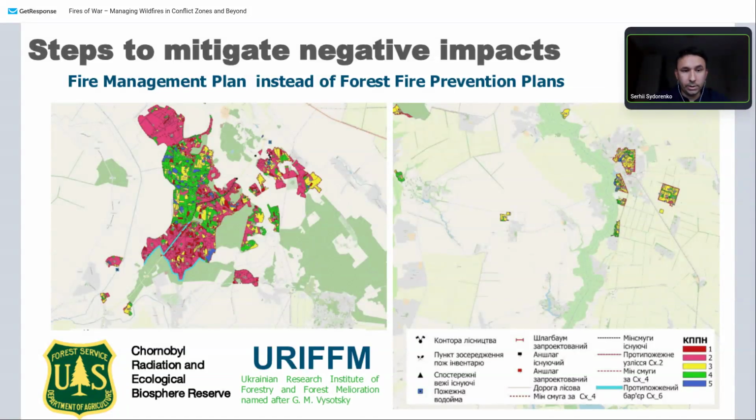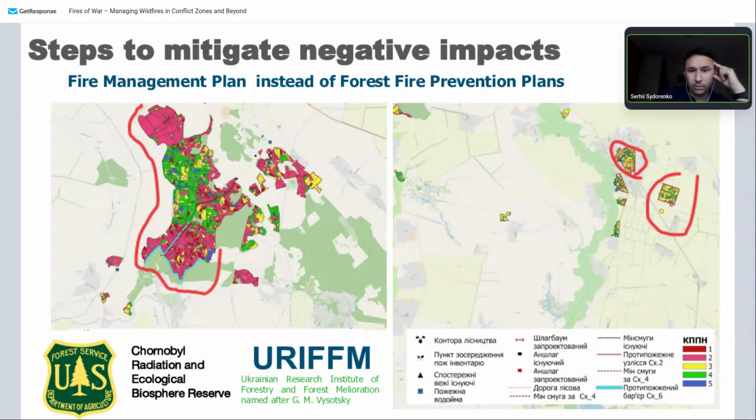And here is a very important thing. This plan is developed only for single forest users, and you see that they focus only on the forested landscapes and simply ignore the landscape that surrounds them.